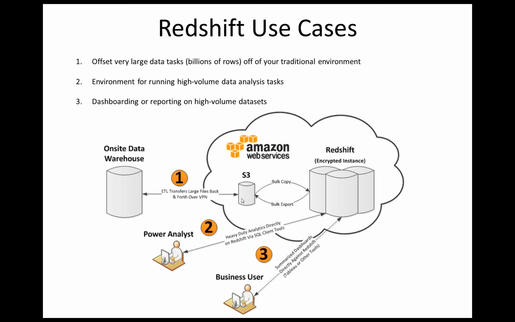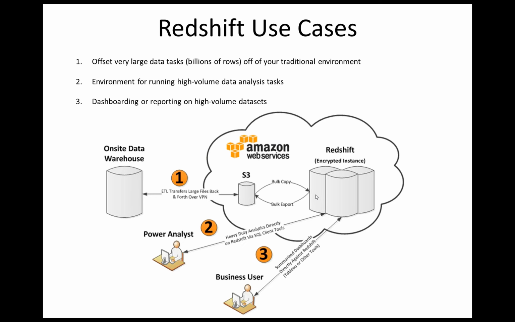And from there, you use a copy command, a bulk load command, to load the data into Redshift. Following that, you run your scripts in Redshift and produce your analytics or run all your processing.